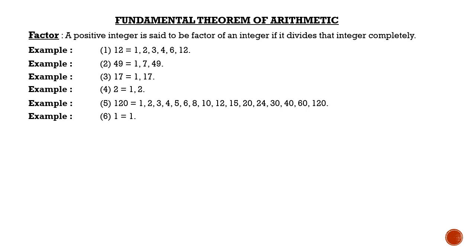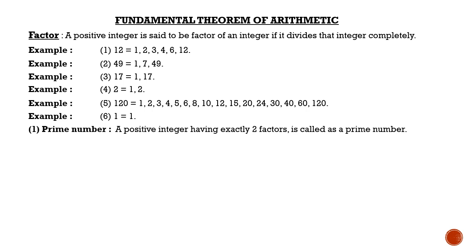This concept is required for us to discuss the next types of numbers. We are going to use it to segregate the numbers into two main formats. The first one is prime number. A positive integer having exactly two factors is called a prime number.